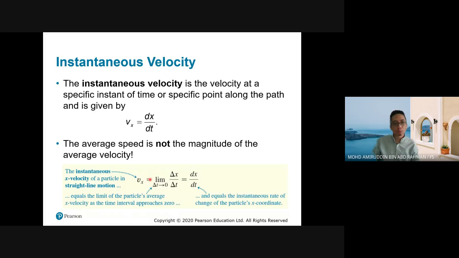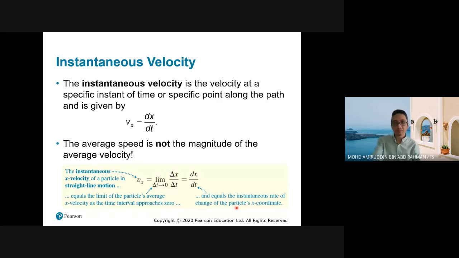Why do we put the limit here? Because it equals the limit of the particle's average x velocity as the time interval approaches 0. As the time interval approaches 0, we define the difference of x and also the difference of t.